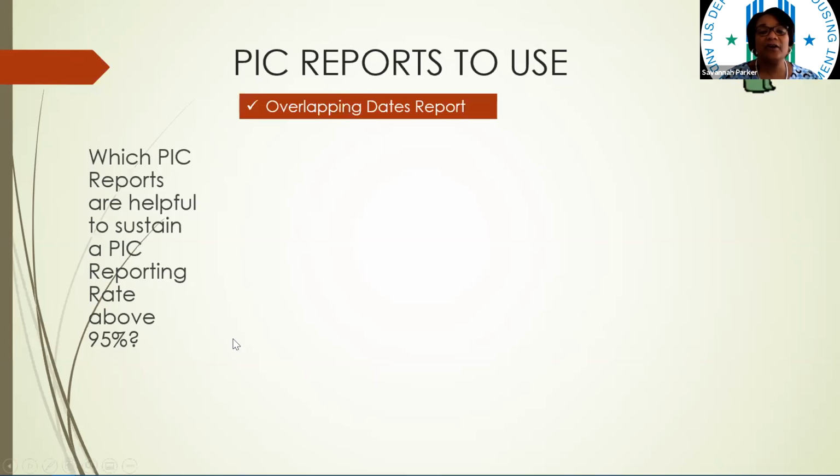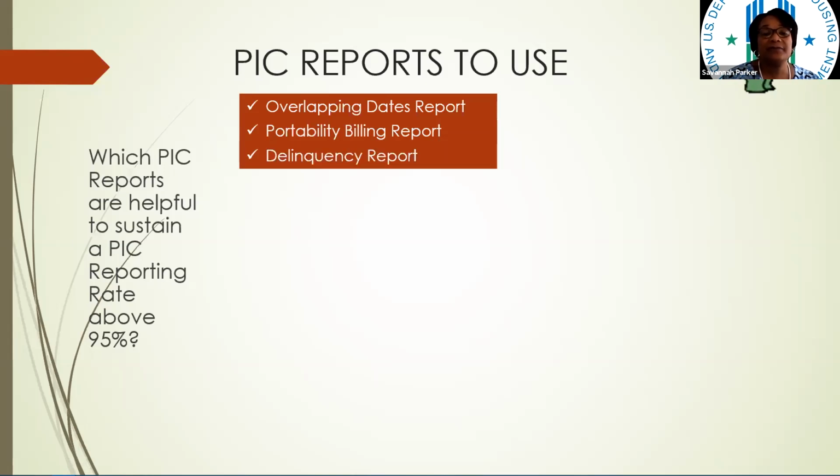Okay, so the overlapping date report is the first one, or is one of them, I should say. I'll go into more detail about these individual reports, but I just want to show you which reports you should be looking at. The portability billing report, if you have a Section 8 program, is important to look at. The delinquency report, the reexamination report.